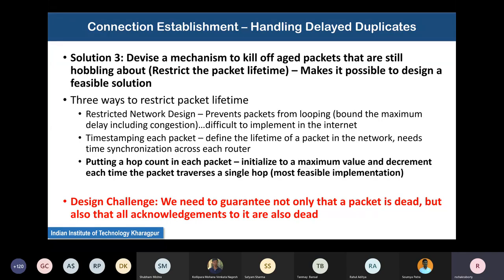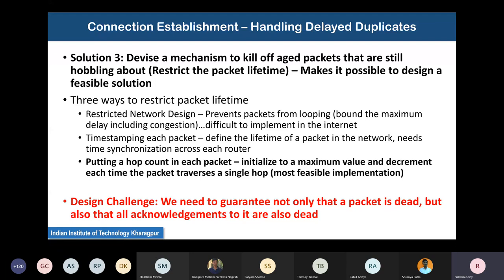Some packets can take more time. It is expected to reach within 60 seconds, and it is expected you will get back your answer within another 60 seconds, but nothing is guaranteed. So if we impose the first restriction, that is violating the fundamental property of the network layer, which does not give any such guarantee. So this cannot be done.